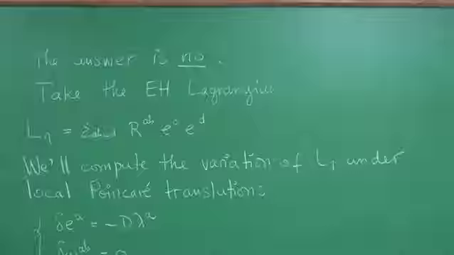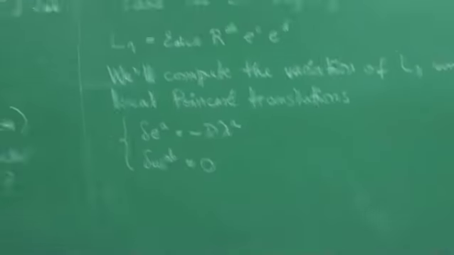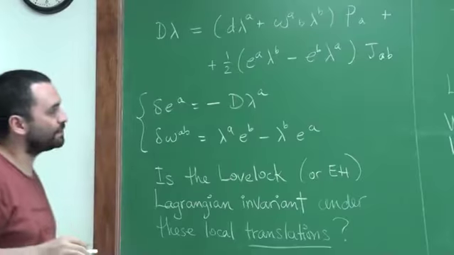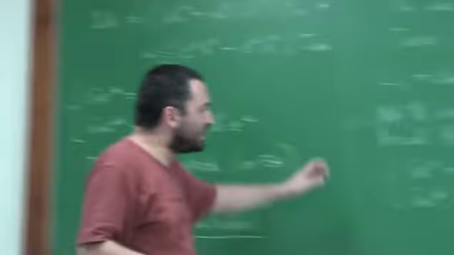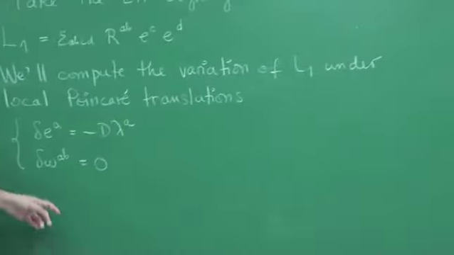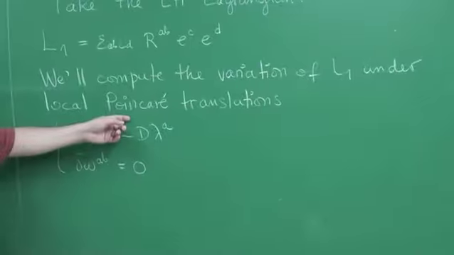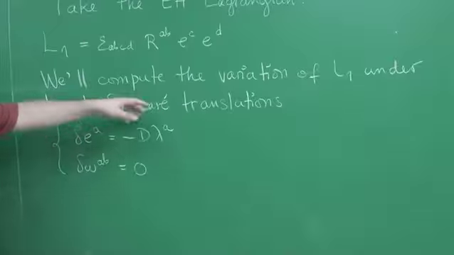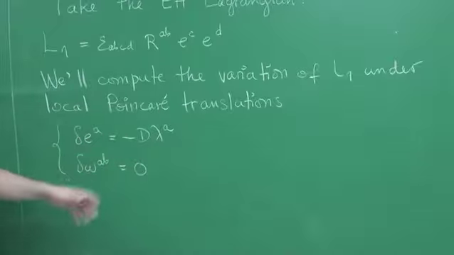This is because this here goes multiplied by sigma, this number that appears in the algebra, and if we have Poincaré, then sigma is 0 and this is 0. This is just to make the computation easier, but if we choose to compute the variation under local AdS translations, then it doesn't get better, it gets worse.